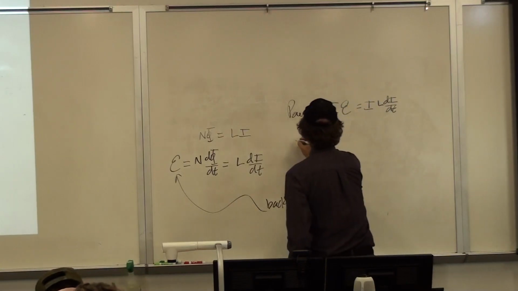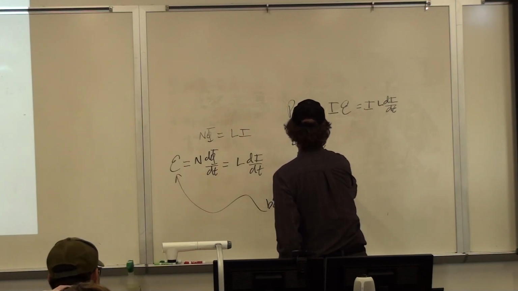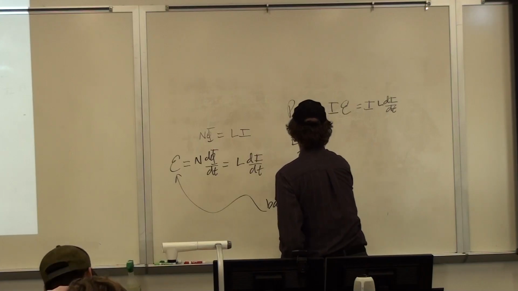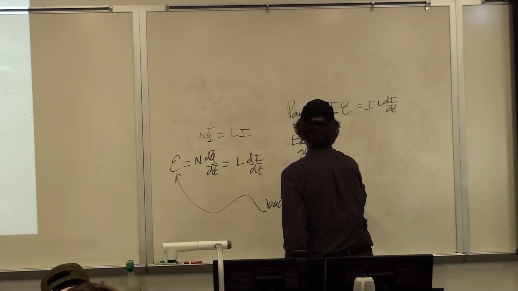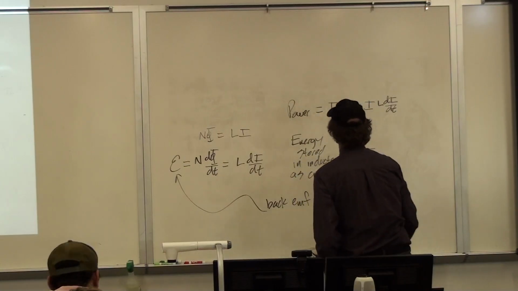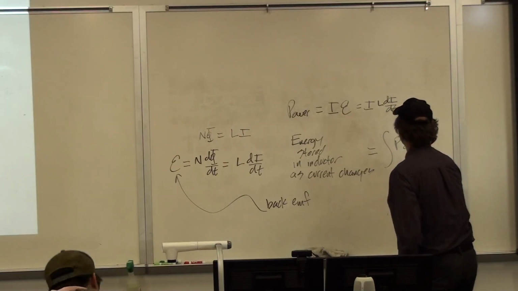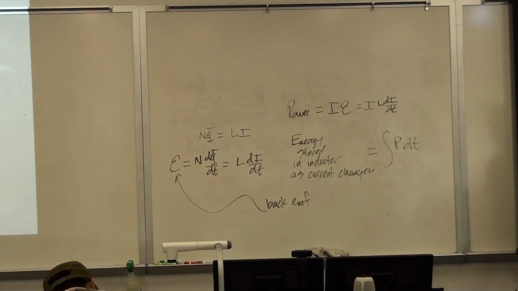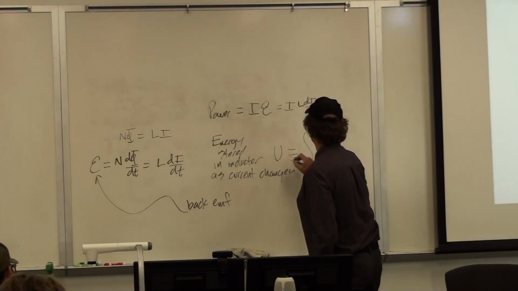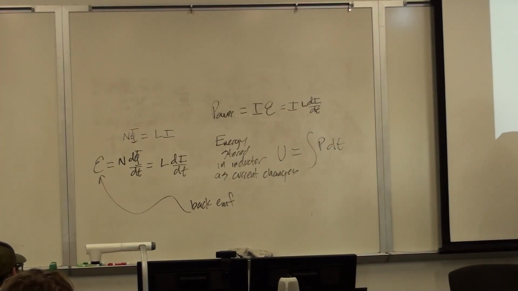But energy stored in the inductor as the current changes is going to be equal to the integral of power dt. So power is joules per second, and our stored energy, we can call that U if we want, is going to be the integral of power over time, because power is joules per second times the time.